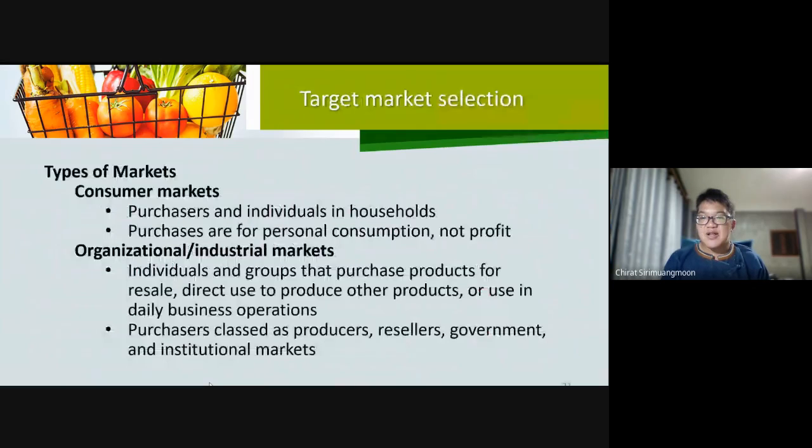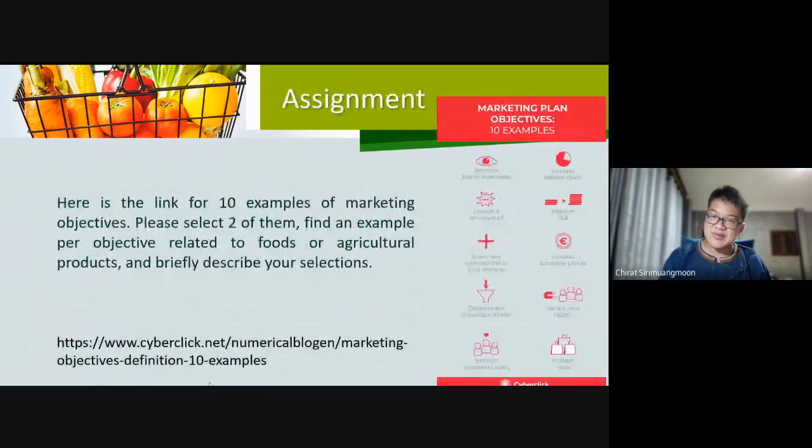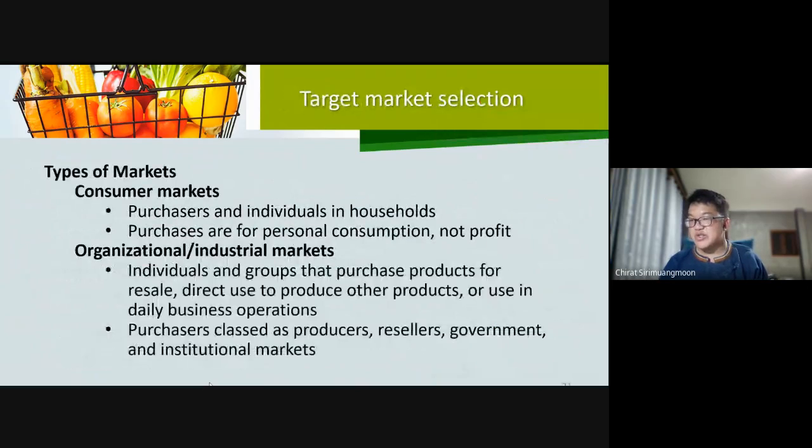Then market target selection. After you have some strategies and know about the objectives, the next thing is the target of consumers or target market. There are two types of markets. We have consumer markets, which are the final users. You consume by yourself, individually or in household consumption.